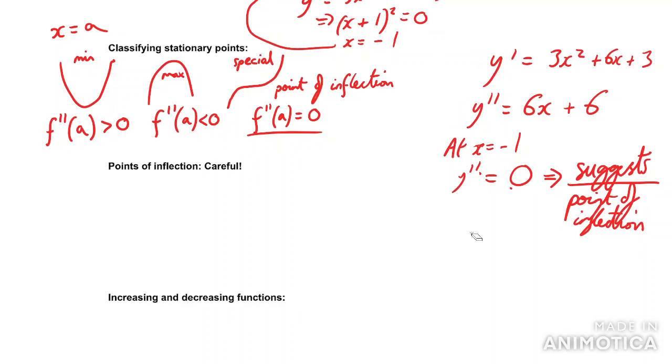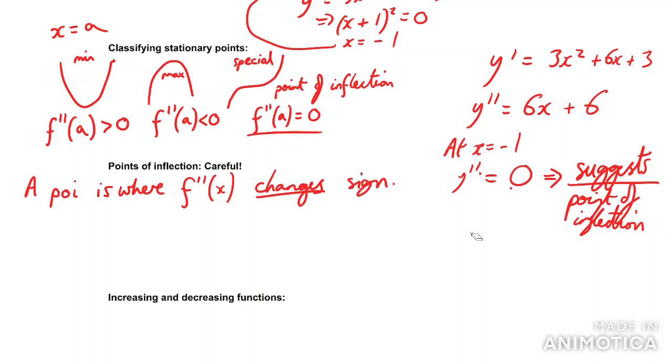Well, the definition of a point of inflection is where f dash dash x changes sign. That's very important. Not just where f dash dash x equals 0, because you can imagine a function that goes to 0, but then goes back up, so never actually changes sign.